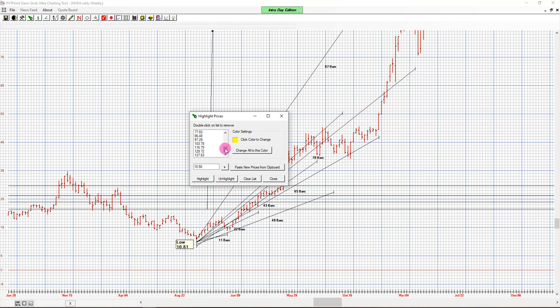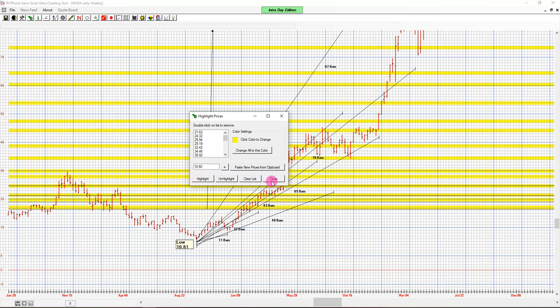All those numbers from those octaves, I'm starting at the 2162 because the 81 to 22 is very narrow on the weekly chart. There are hits in here at these highs and that low, but that would be better represented on the daily chart. So I'm going to look at the upper three octaves from 2162 up. I'm going to highlight those by hitting the highlight button and then close that out.